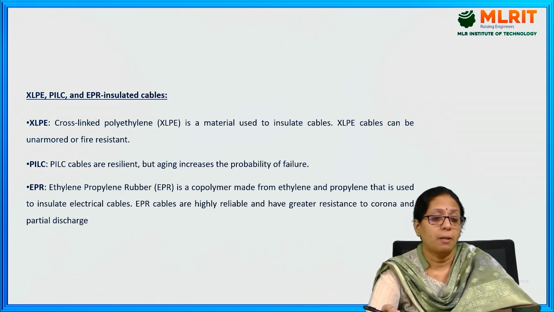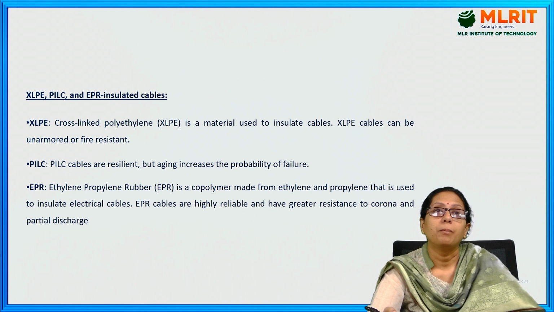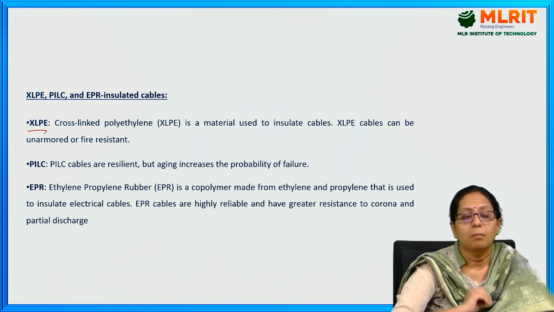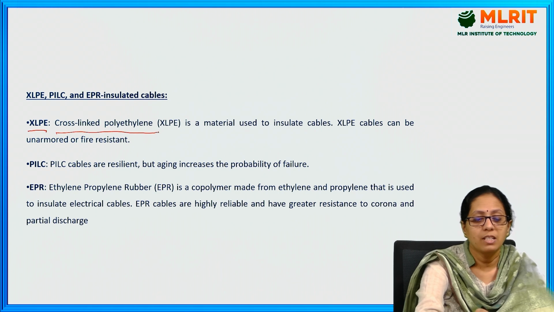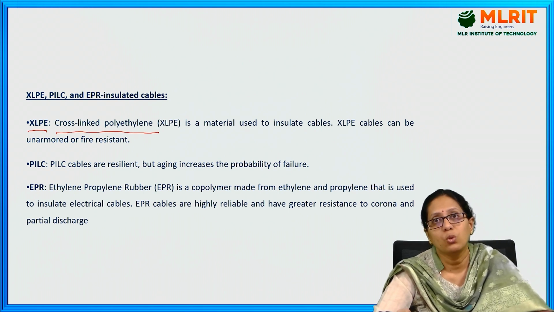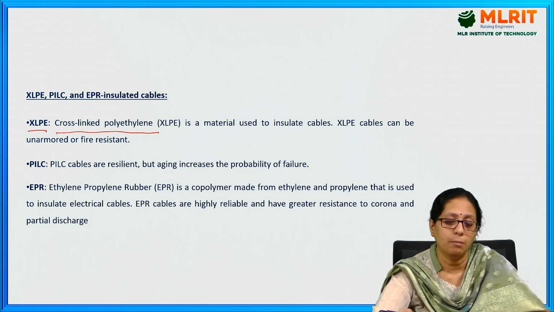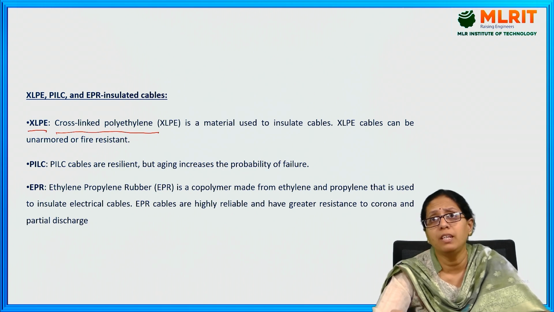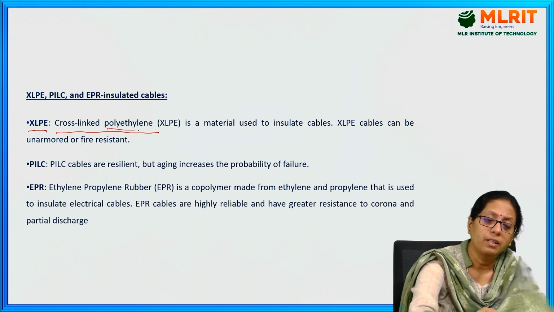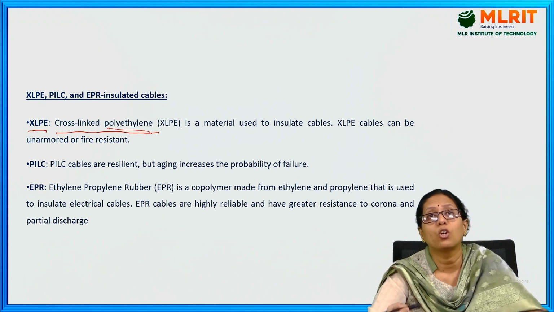The next type is XLPE and PILC. XLPE is nothing but cross-linked polyethylene, a material which is used to insulate the cable. In order to insulate the cable, we will be using a material like polyethylene which is cross-linked.